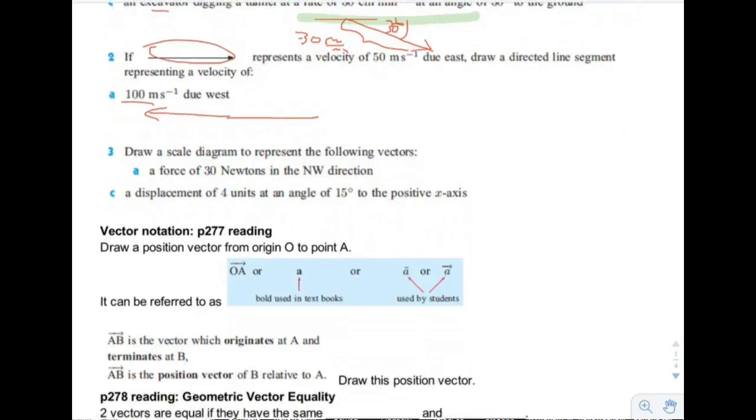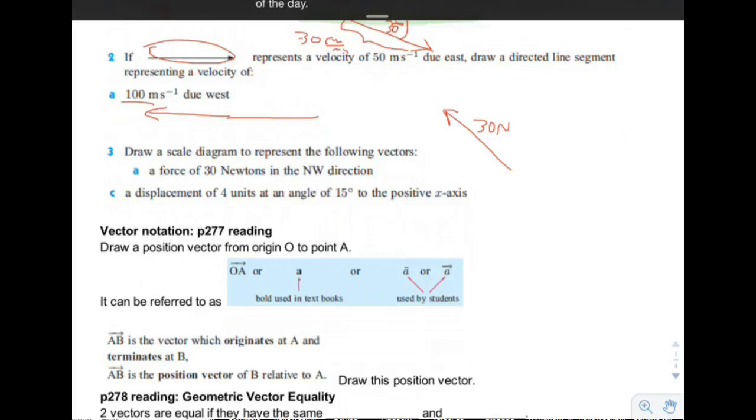Draw a scale diagram to represent the following vectors. A force of 30 newtons in the northwest direction. Okay. Northwest direction. A displacement of 4 units at an angle of 15 degrees to the positive x-axis.